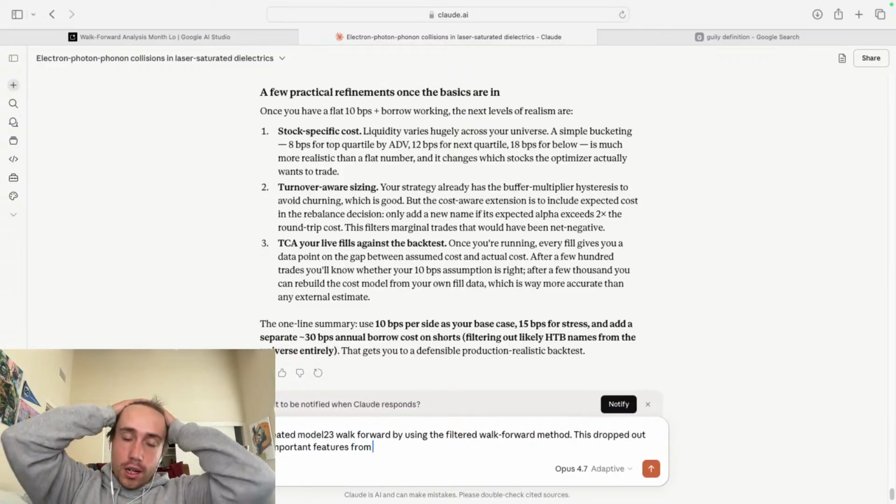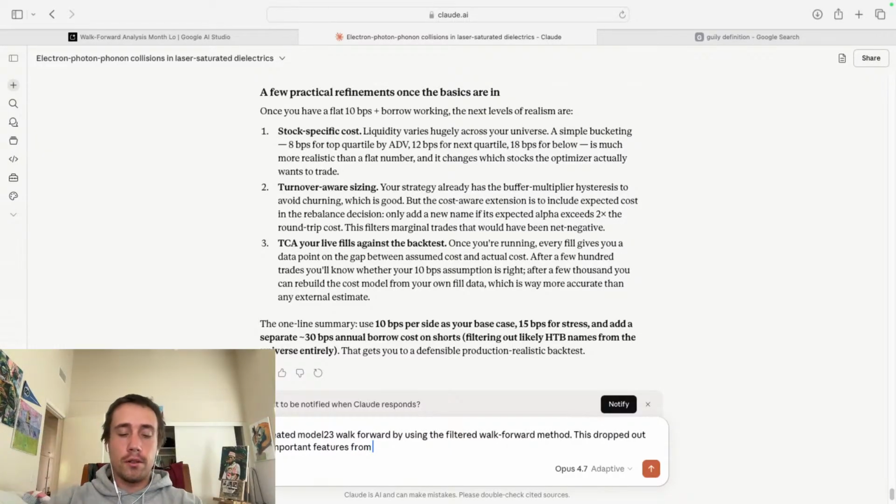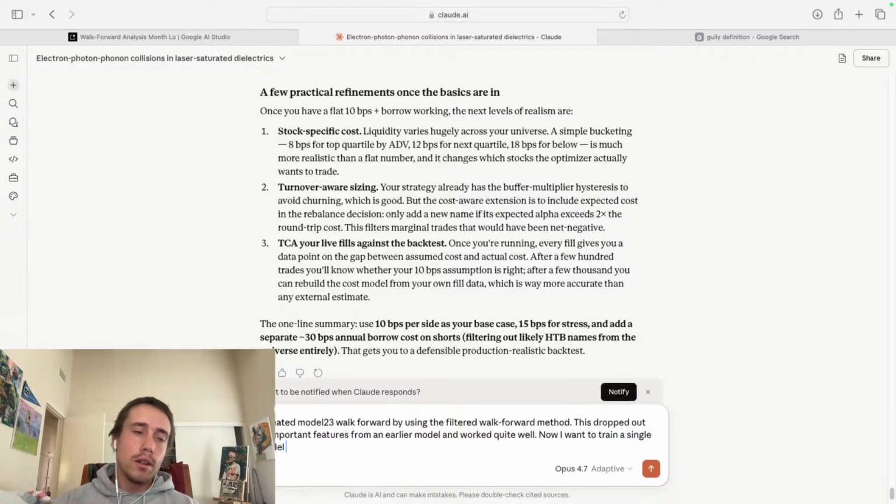This dropped out unimportant features from an earlier model and worked quite well. Now I want to train a single model my way.